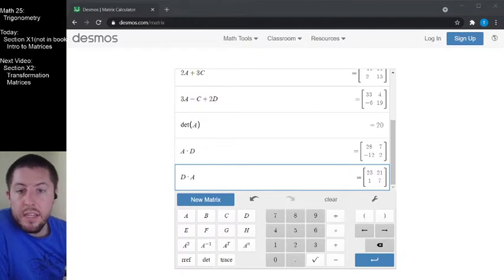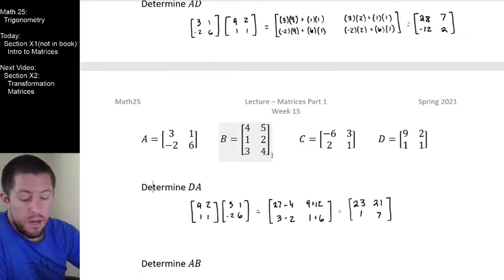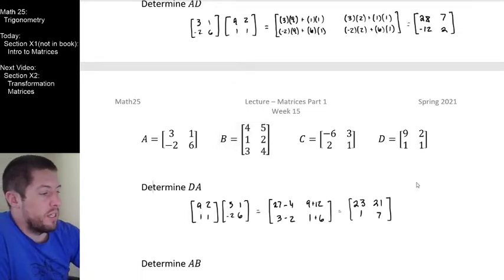So it looks like Desmos agrees with us that there's something a little bit weird going on with matrix multiplication. While with regular multiplication, 2 times 3 is equal to 3 times 2, that is the commutative property, matrices do not enjoy such a property. You cannot change the ordering of multiplication and keep the same numbers here. So I think what we should be concluding is that matrix multiplication is not commutative.